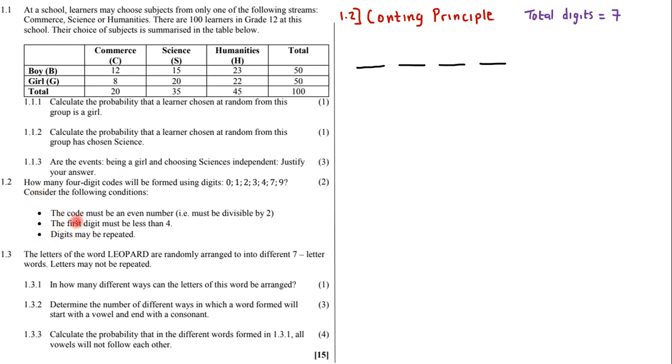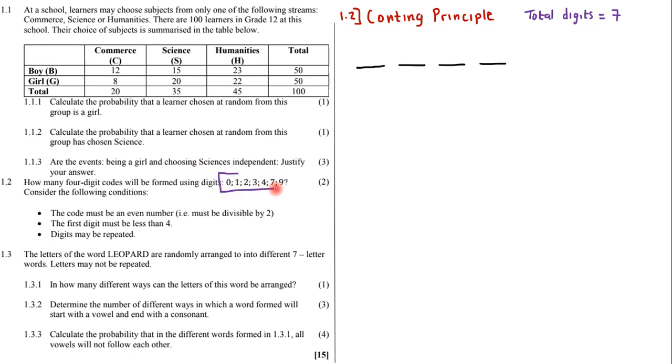All right, so let's start with the first instruction. It said that the code must be an even number. A code being an even number means the last digit must be divisible by 2. In order for a number to be divisible by 2, the last digit of that number must be an even number, right? So now we need to go and look at the list that we have here.